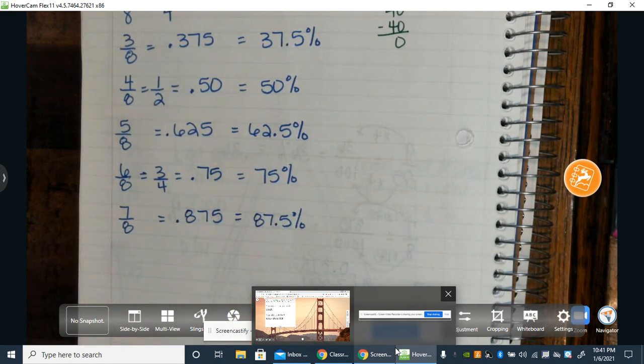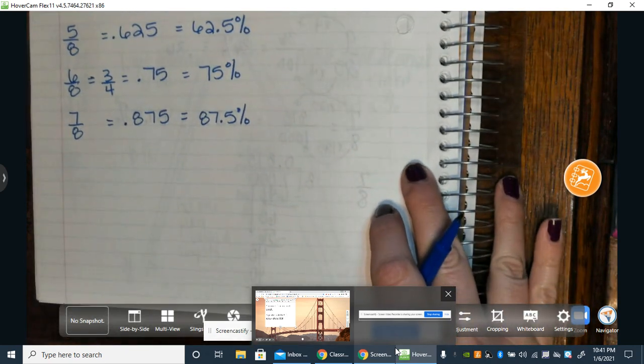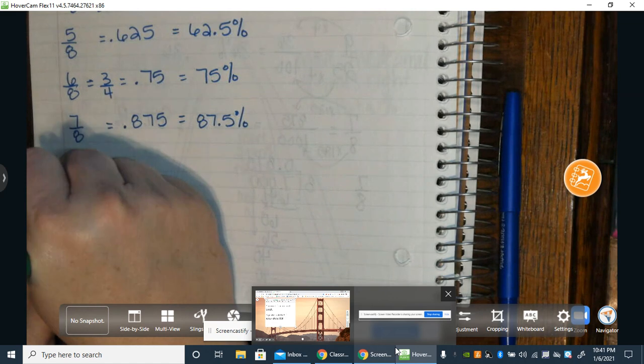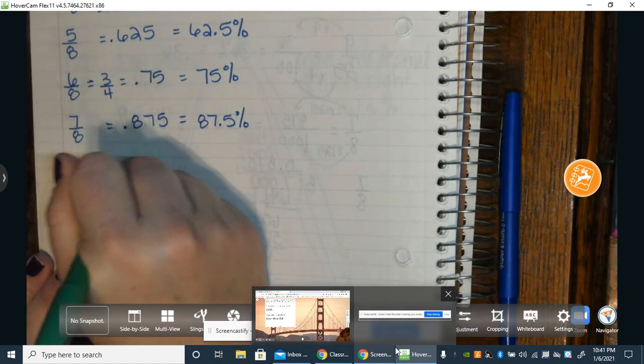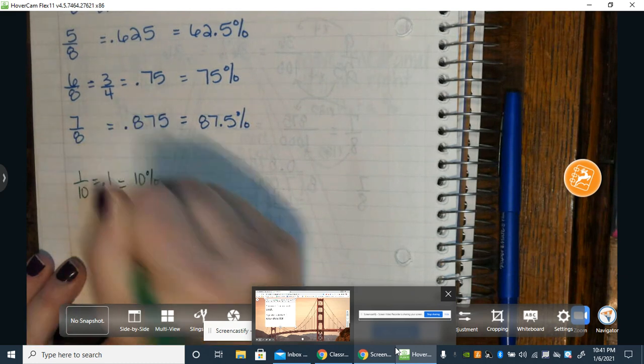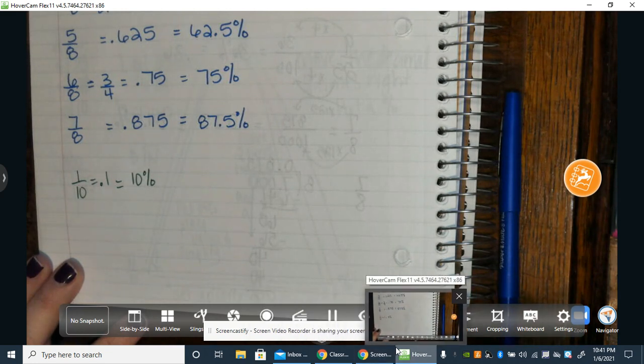Okay. Now those are your eighths. Okay. And your tenths are just what have been on your FDP at the bottom of your builder. So real quick, 1/10 is 1/10, which is 10%. All right, 2/10, which is 1/5, which is 20%.